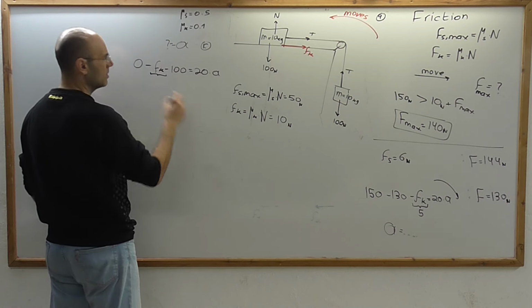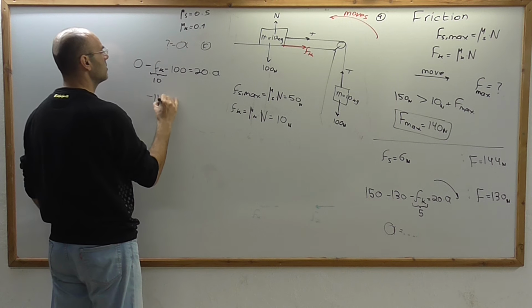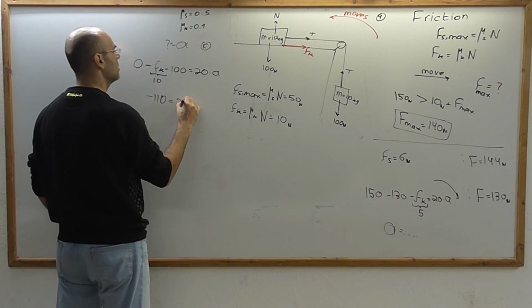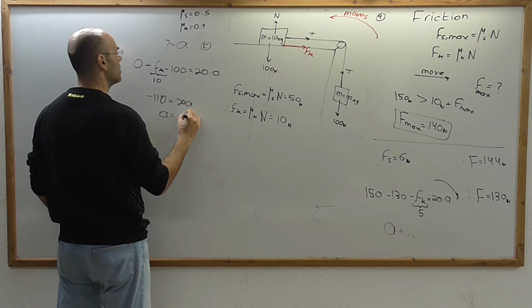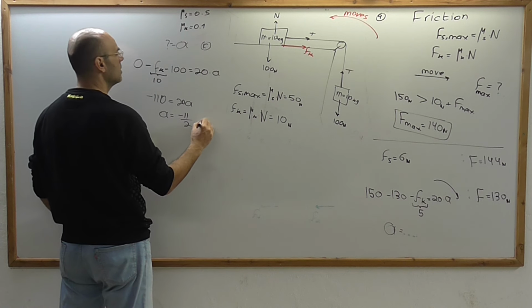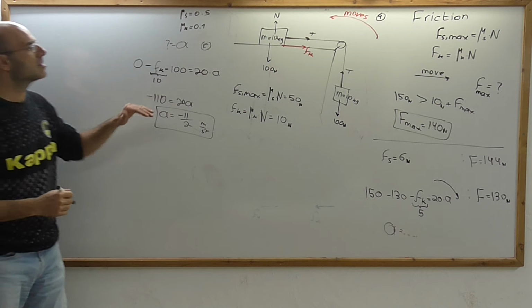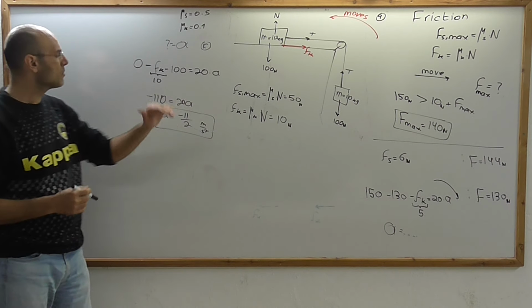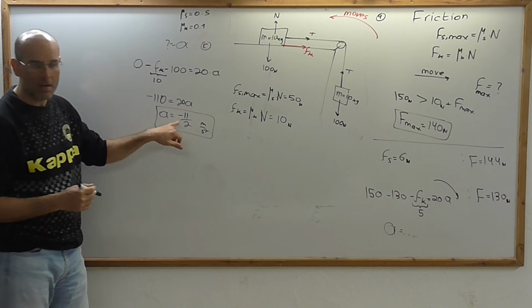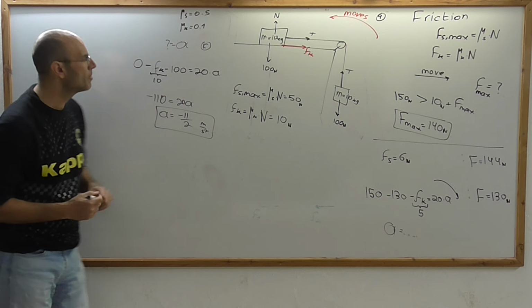Fk is 10, so minus 110 equals 20a. a equals minus 11 divided by 2 meters per second squared. So what does it mean? It means that this system will reduce its speed. Every second the speed will reduce by this number, and eventually it will stop.